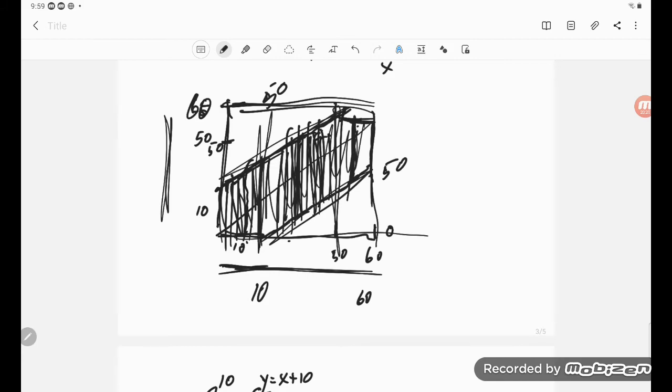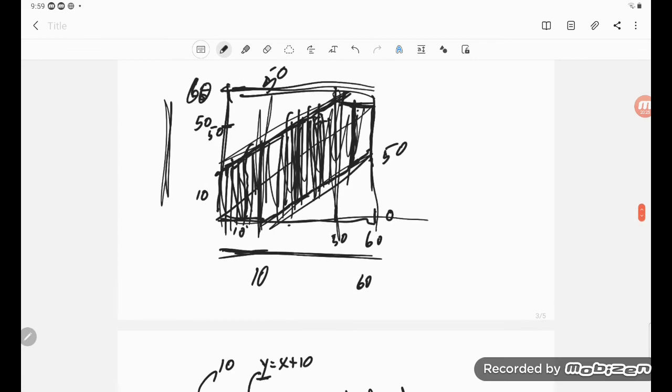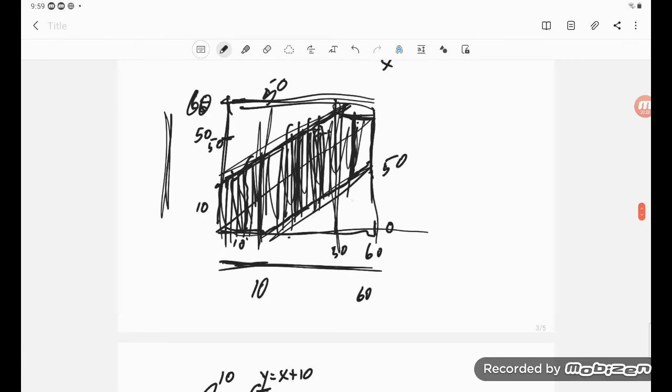Okay, so that makes a total area of a square that is 50 by 50. So that's the part I don't want.